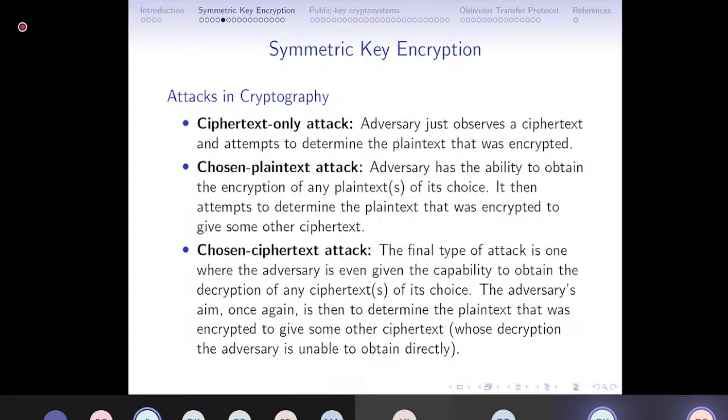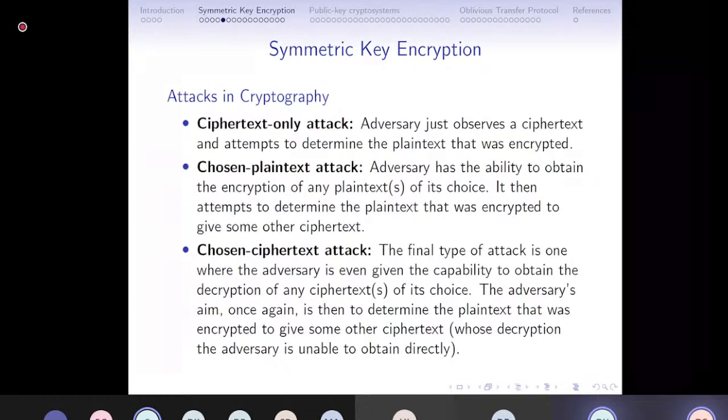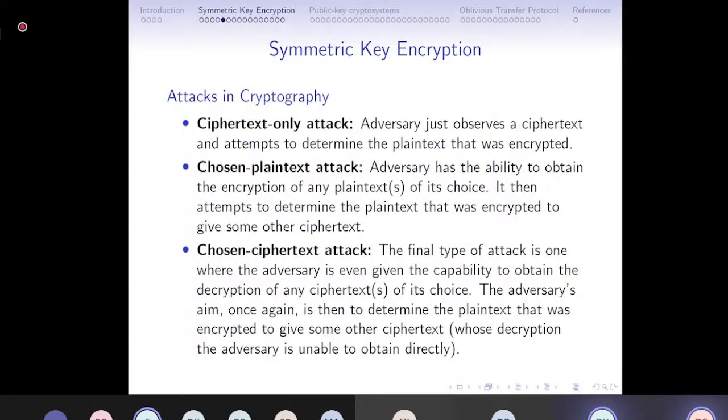In this attack, the attacker has an encryption method or encryption algorithm, to which he sends messages of his choice and obtains the ciphertext. By observing the message as well as the ciphertext, his aim is to determine the plain text of other ciphertext.